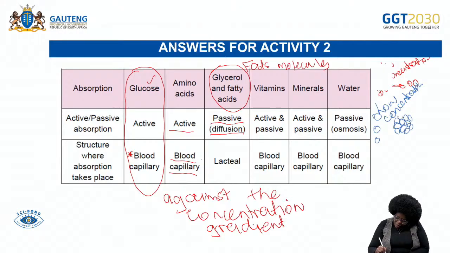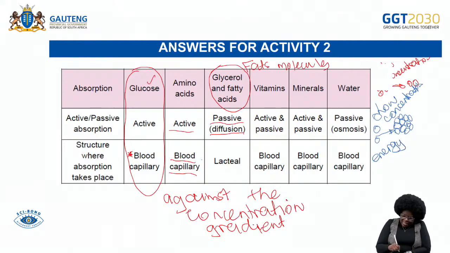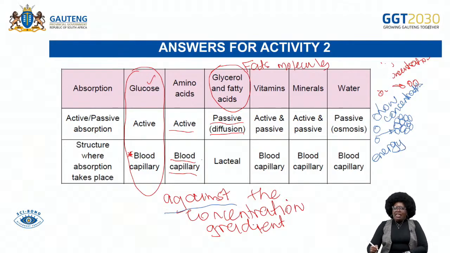Can you see that the movement is not easy? For substances to move from here to here, it's not easy because it's from the low concentration to a high concentration. So as the substances move, now we need energy, right? We need energy. And this is now against the concentration gradient.